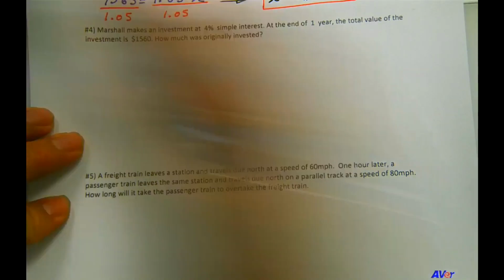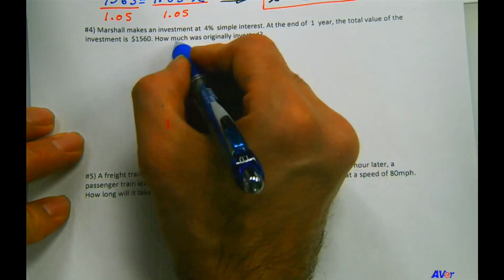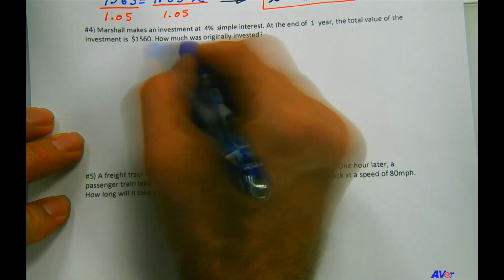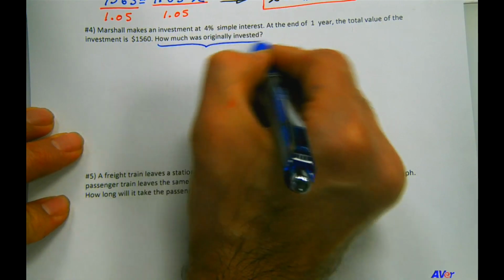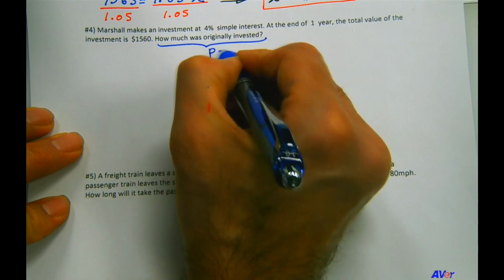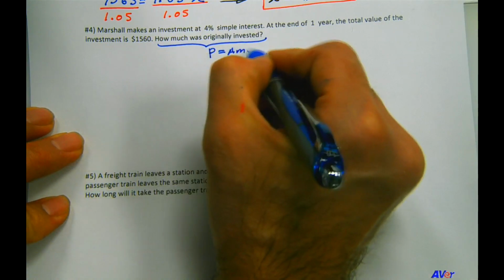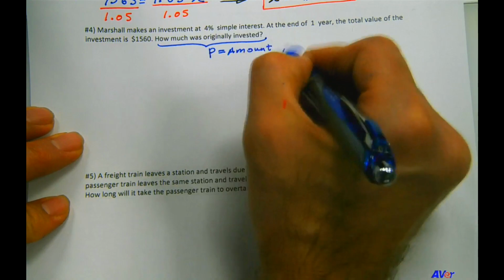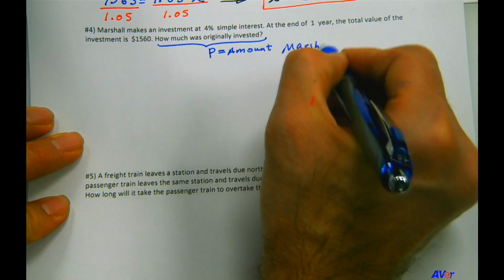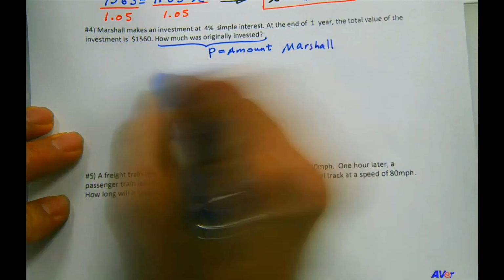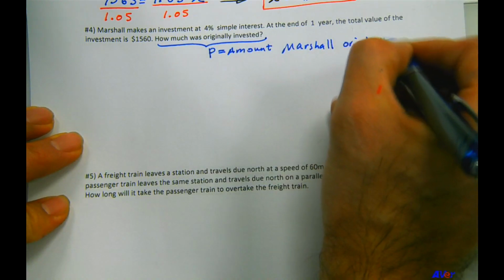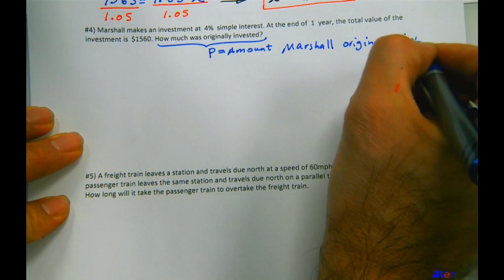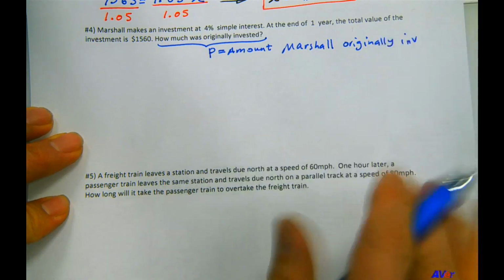So after our first reading of the problem, we know the unknown is how much Marshall invested. So let's assign a variable to this, P, the amount Marshall originally invested.